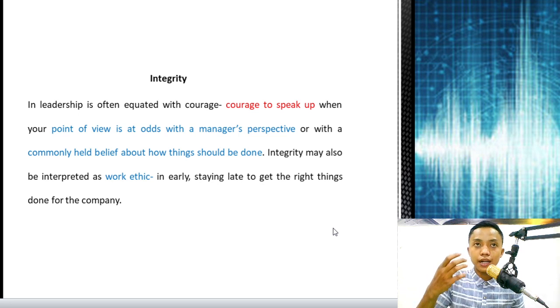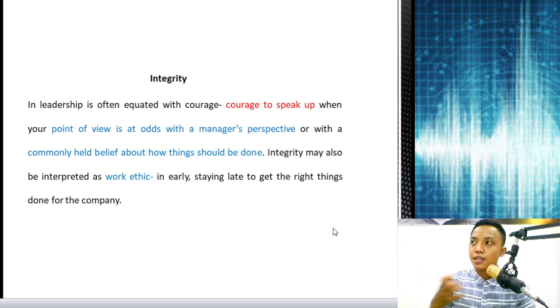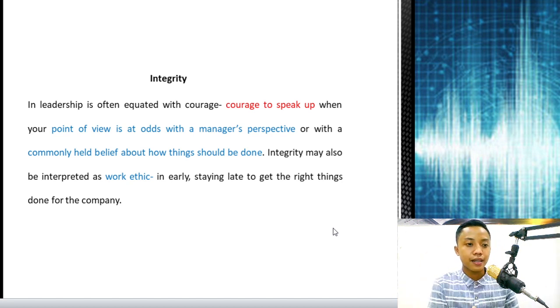Tayo po ay magsasalita ngunit in a polite way. Hindi po yung informal. Kinakailangan po na kung ano man ang pananaw ng iba, ibigay din natin ang ating pananaw kung sino man yung mas nakakabuti o yung pinaka-importante.